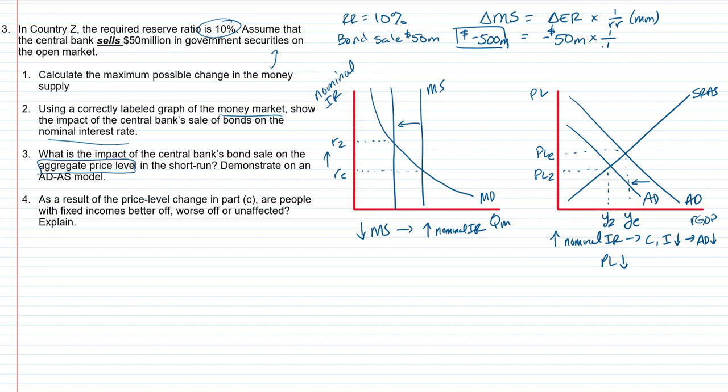How does price level affect different people in the economy, or how does changing inflation affect different people in the economy? So a decrease in price level is equivalent to a decrease in inflationary rates, potentially even representing deflation. And so this is going to be good for people on fixed incomes.